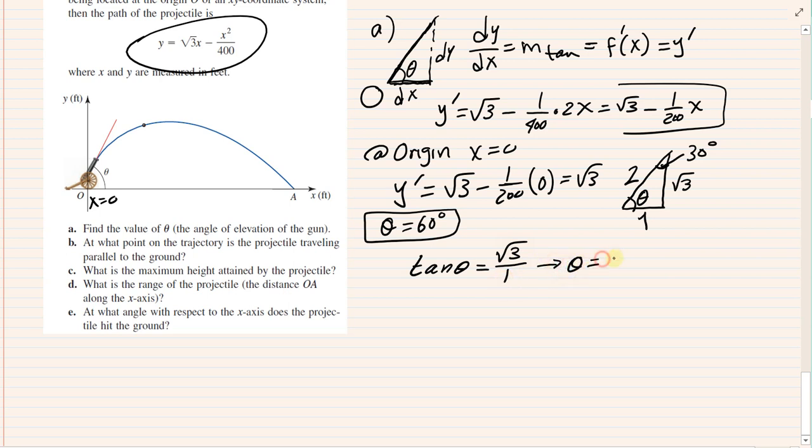So theta is going to be the arctan of square root of 3. And that ties in with your trigonometry now. Now the arctan of root 3 is going to be 60 degrees, or pi over 3.